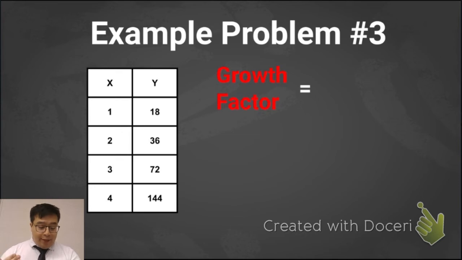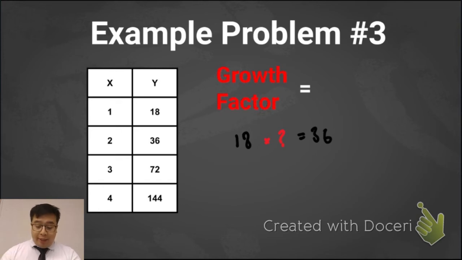Here I'm going from 18 to 36 to 72 to 144. Another trick that we can think about is, instead of thinking about 18 times what number will bring me up to 36, I can think of this as a division problem. So how can we rewrite this multiplication problem into an equivalent division problem that will help me figure out the growth factor?